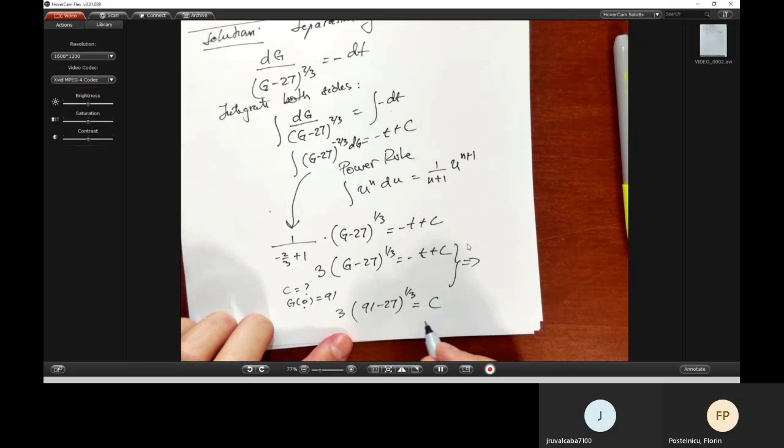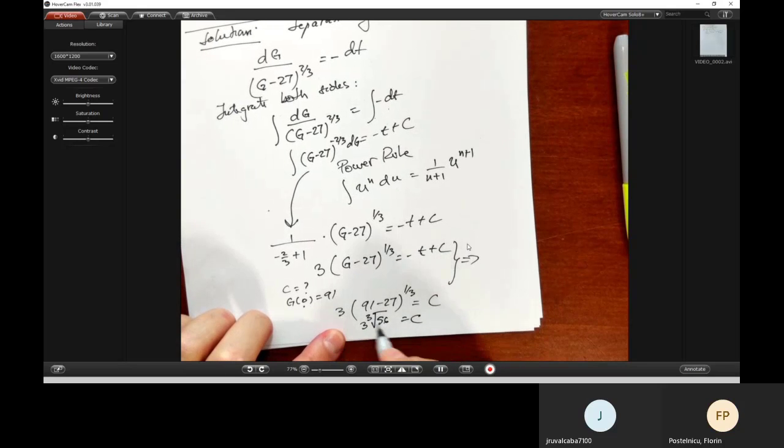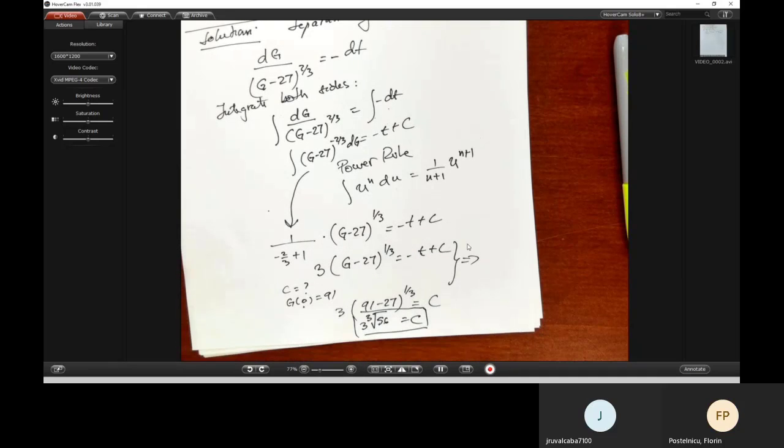So I got c equals, yeah, it's 54. c equals 3 times cubic root of 54. So please make a correction. I don't know why I put 56 right there. Who knows? 54. Okay.